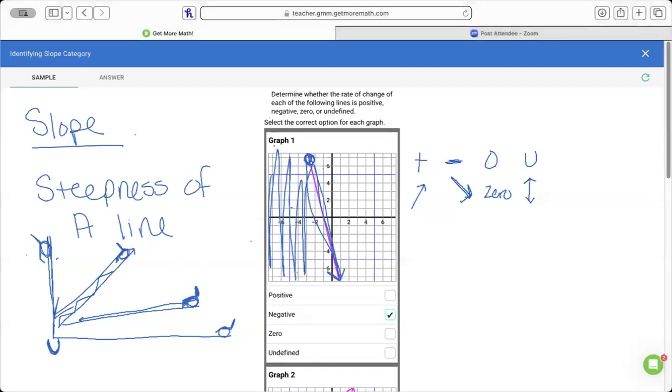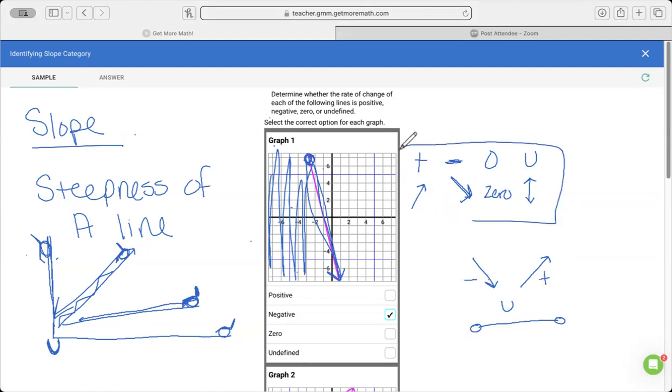The other way you might see slope is sometimes they tell you slope guy. So you might see slope guy in the future, and he kind of looks like a little angry dude. He's got a U for a nose, and zero for his mouth. And this eyeball is negative, and this eyeball is positive. So if the face makes more sense to you than just memorizing the little pieces, you could do that too.